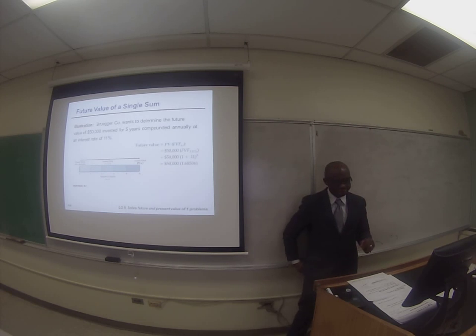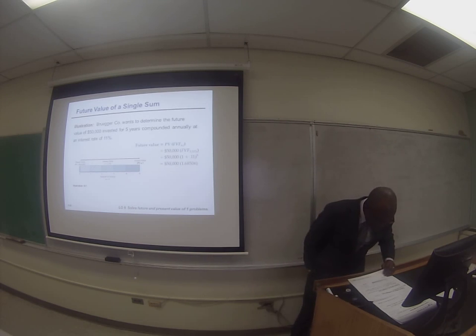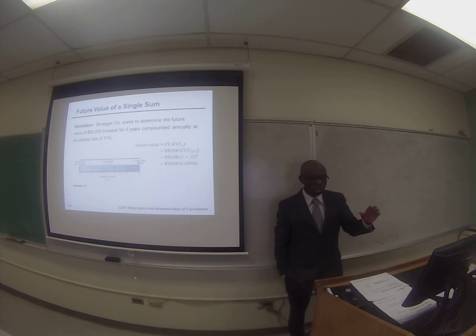Here's an illustration. The illustration here said the company wants to determine the future value of $50,000 invested for 5 years, compounded annually at an interest rate of 11%. So let's stop right there.